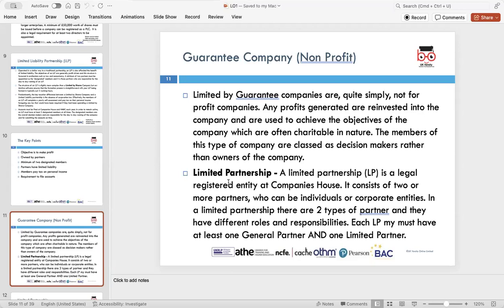There are two distinct categories of partners in a limited partnership, each responsible for a distinct set of functions and responsibilities. Each limited partnership is required to have a minimum of one general partner and one limited partner.